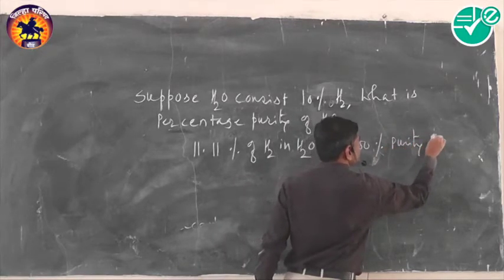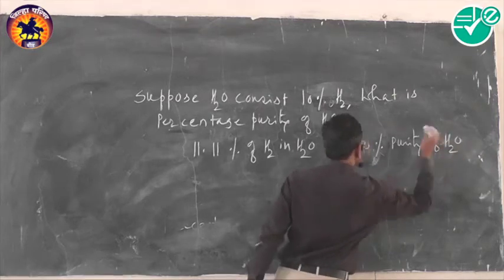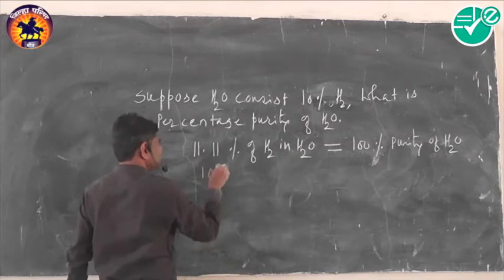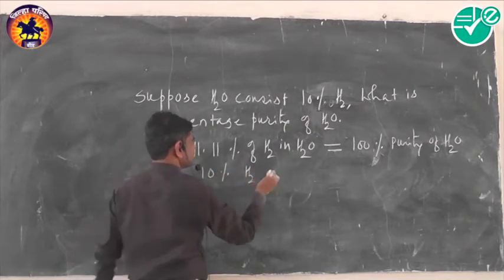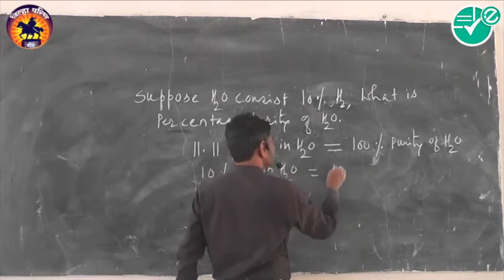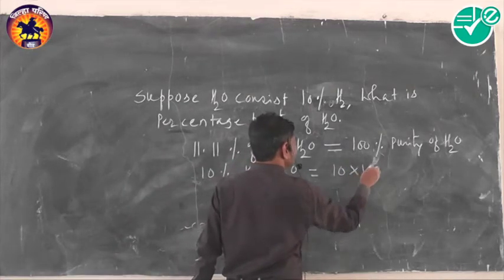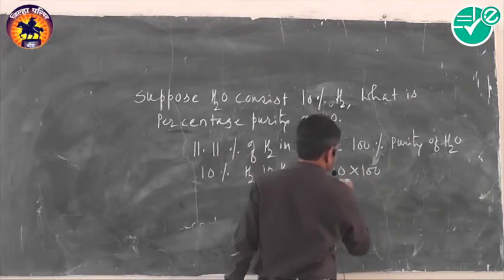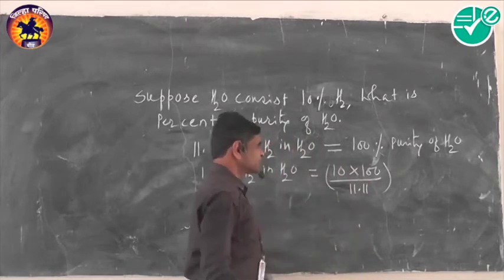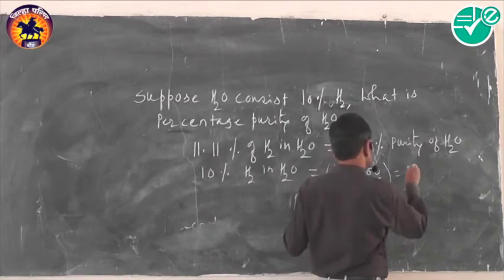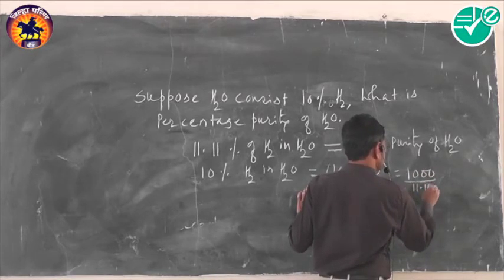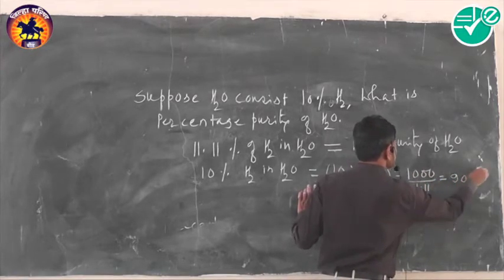Then 10% hydrogen in water gives 10 multiplied by 100 divided by 11.11, which is equal to 1000 upon 11.1, which is equal to 90%.